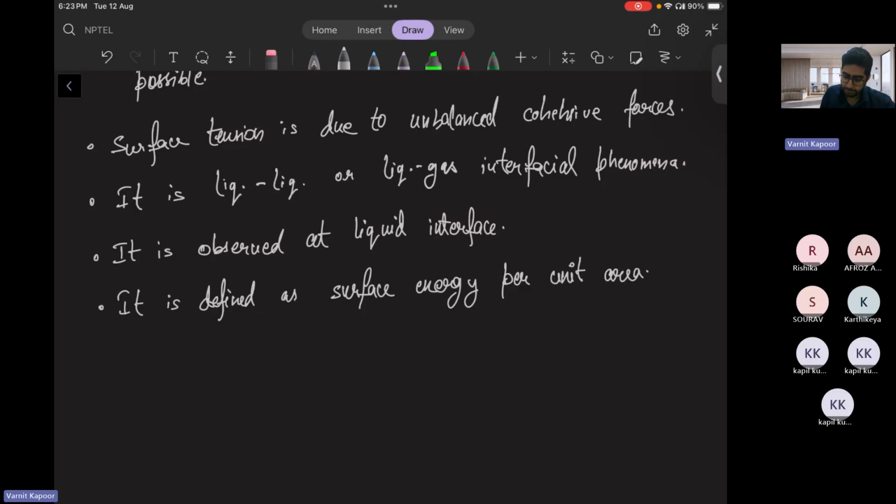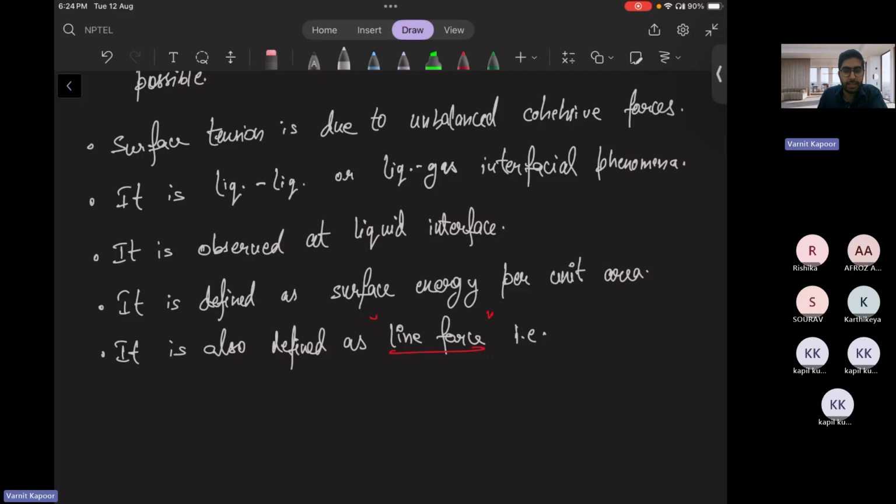Also, it is defined as line force. And what is this line force?